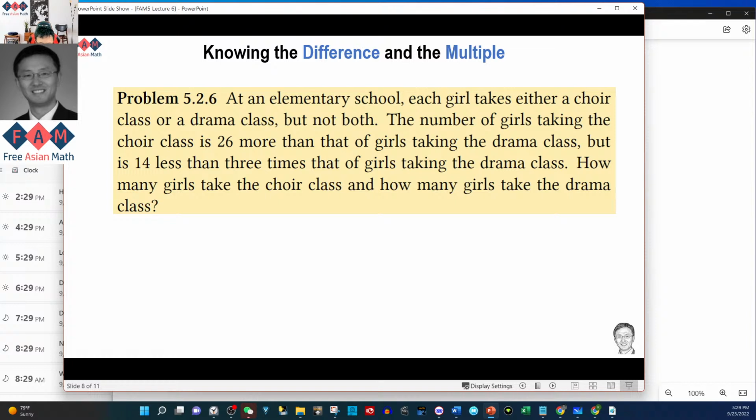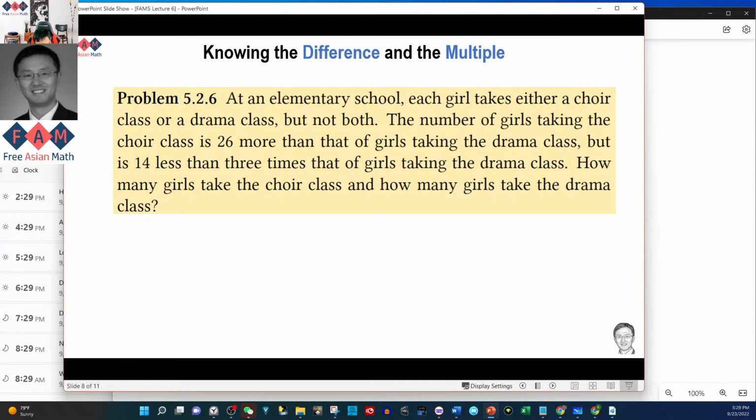So what do we get here? We get a difference relationship, which is 40. The hypothetical new choir class is 40 more than the number of the drama class. At the same time, it's also 3 times that drama class.